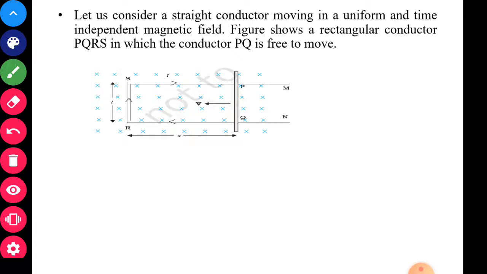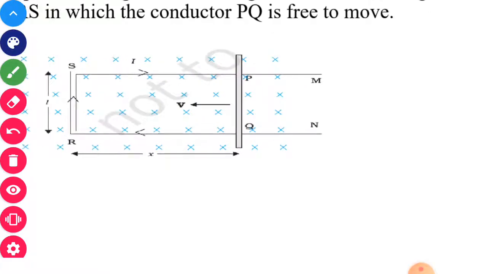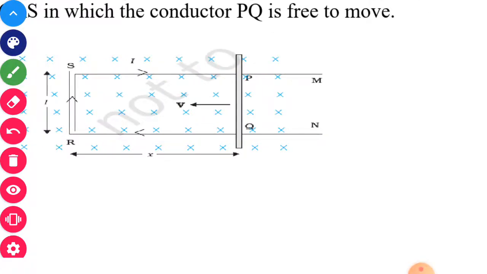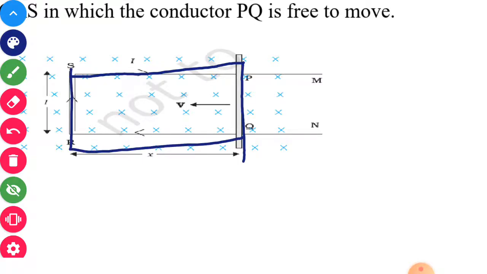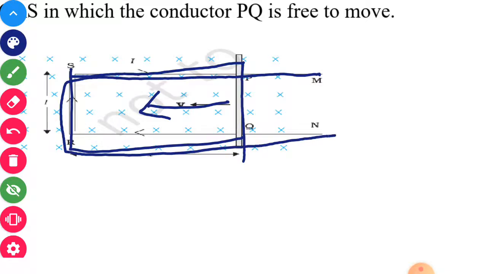Now this figure shows a rectangular conductor, that is PQRS. Here PQ can move on this U-shaped conductor. Try to understand, you have this rectangle PQRS, but this PQ arm can move on this U-shaped frame.